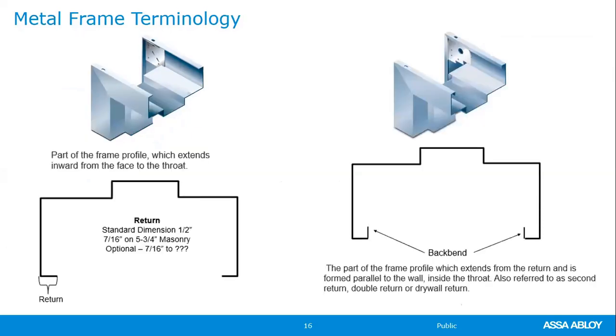We get into your return part of the frame. Again, it returns into the frame. You'll see your return legs on your masonry type. And again, in the industry, standard is a 1/2 inch on each side. The exception, and there's always an exception in commercial metal doors and frames, is that on a 5 3/4 masonry frame, that return leg is going to be 7/16.